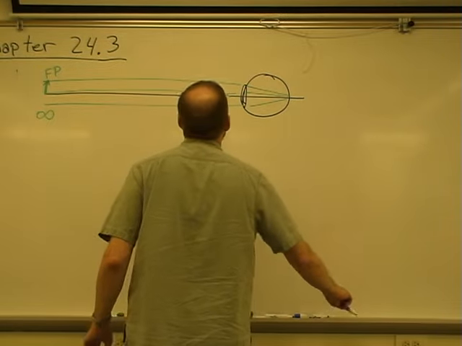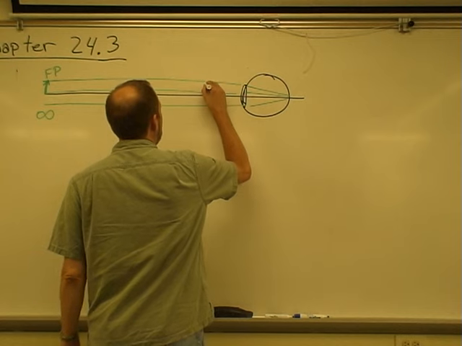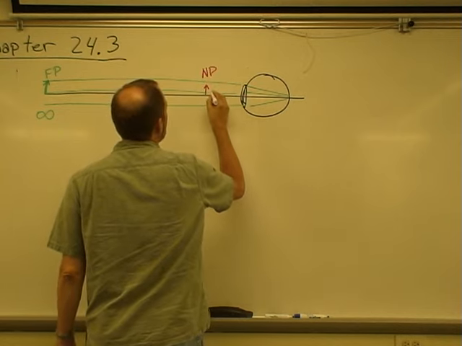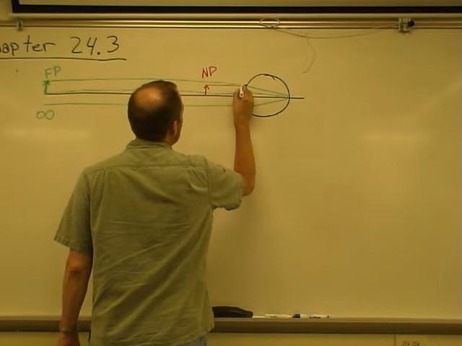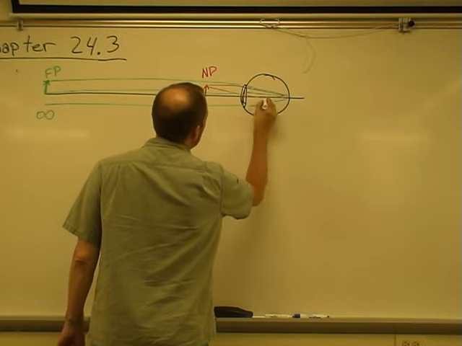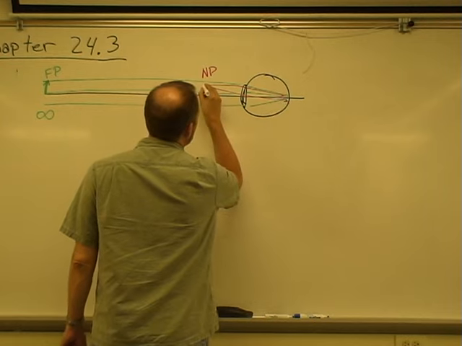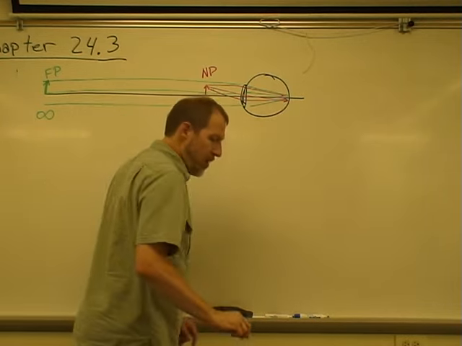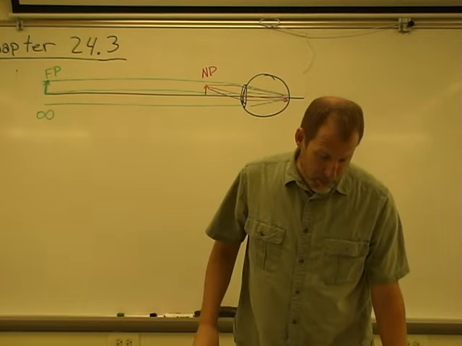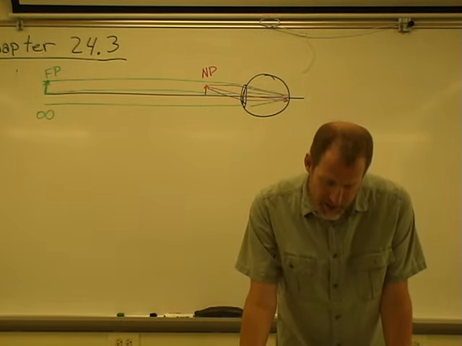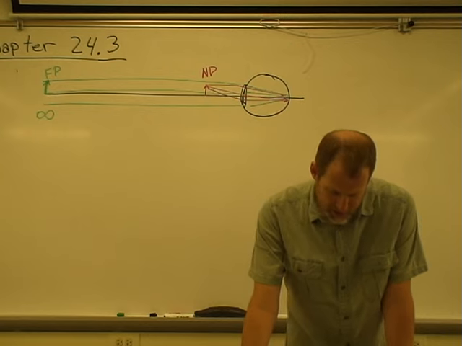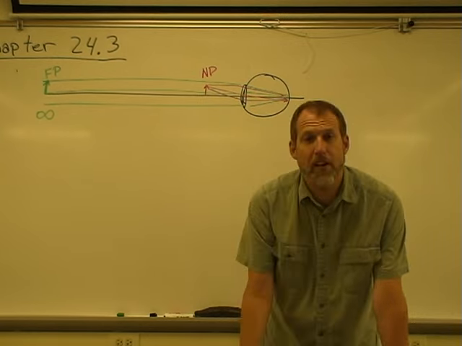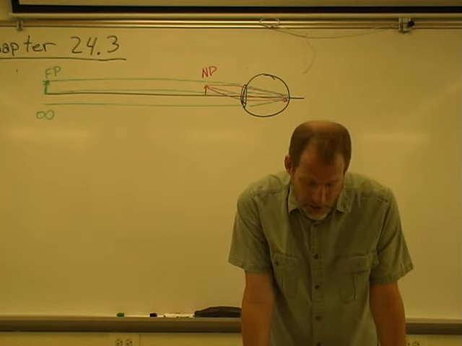In the same way, we're also going to track the near point, and the near point is where, how close can something be to your face before you can comfortably read that.